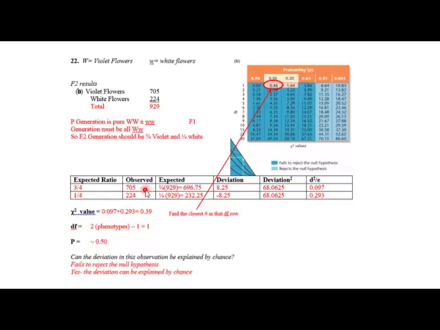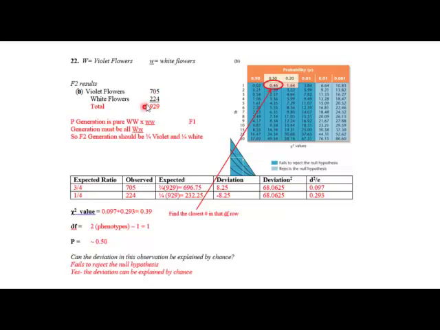The observed traits, of course, you were given. So we had 705 violet flowers and 224 white flowers. To figure out your expected, you take your expected ratio and multiply it by the total number of offspring or flowers. To get your total, you add all of your violet flowers and all of your white flowers together.